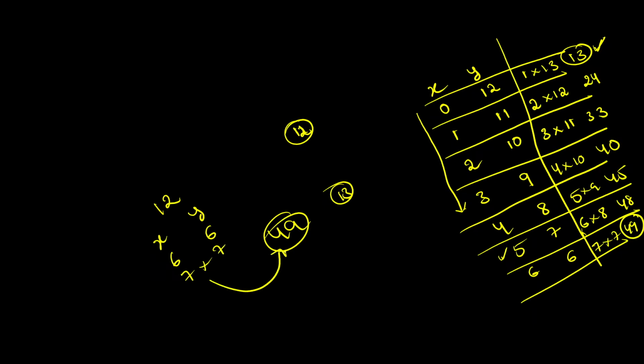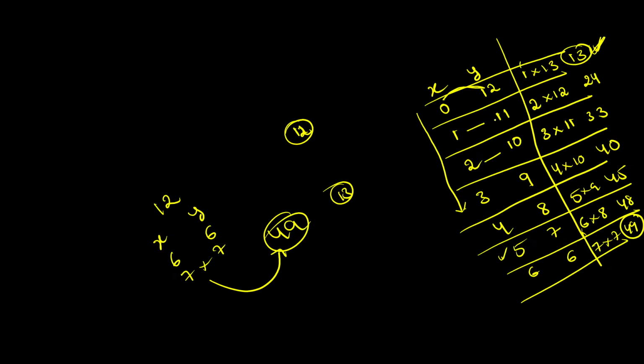We need to understand that if the difference between the cuts that you made through x-axis and y-axis is maximum, the number of parts that we get will be the minimum. Clear? If the difference between these two keeps on decreasing, the difference between 0 and 12 is 12.